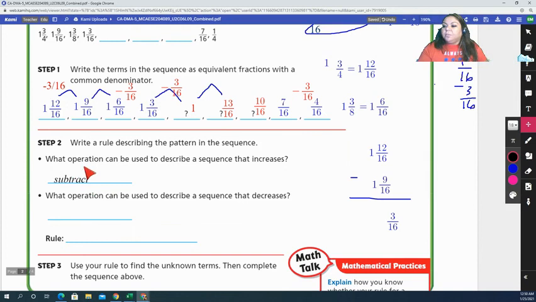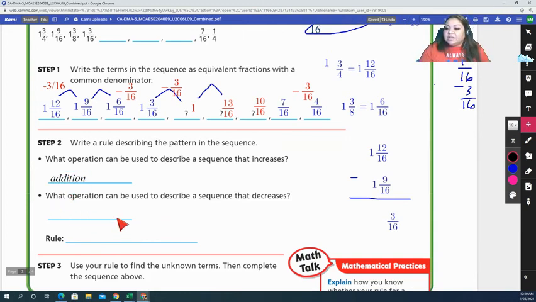It says, what operation can be used to describe a sequence that increases? If the sequence was increasing every time, going bigger and bigger and bigger, that would be addition.